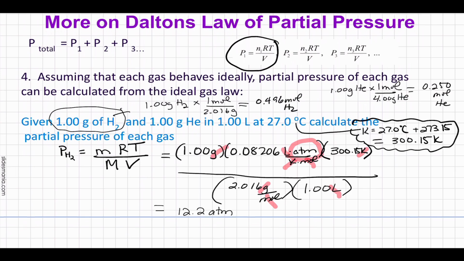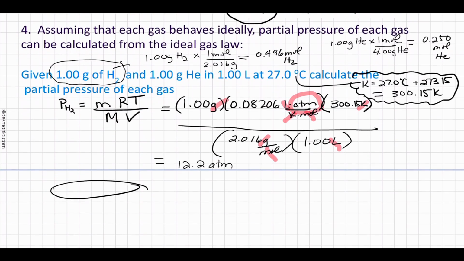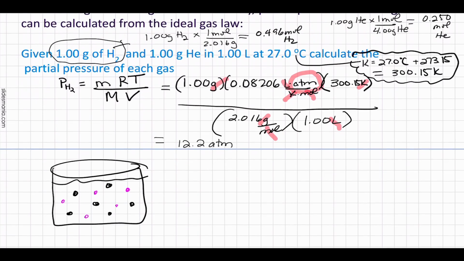So that's the partial pressure of the hydrogen. You have to realize, there's hydrogen in this mixture exerting pressure, and that's the pressure of the hydrogen, but there's also helium. So now we have to do that same calculation for the helium.